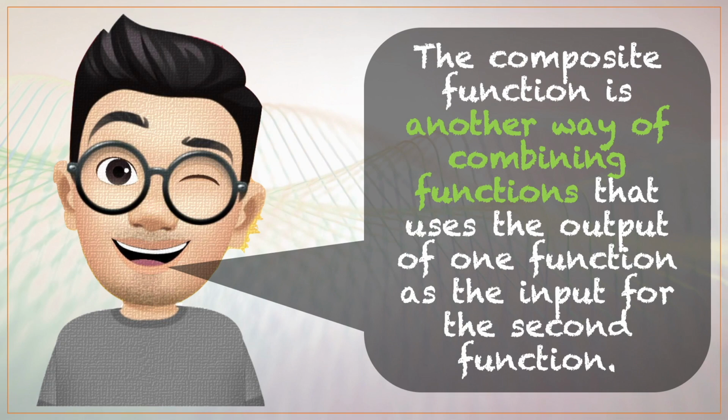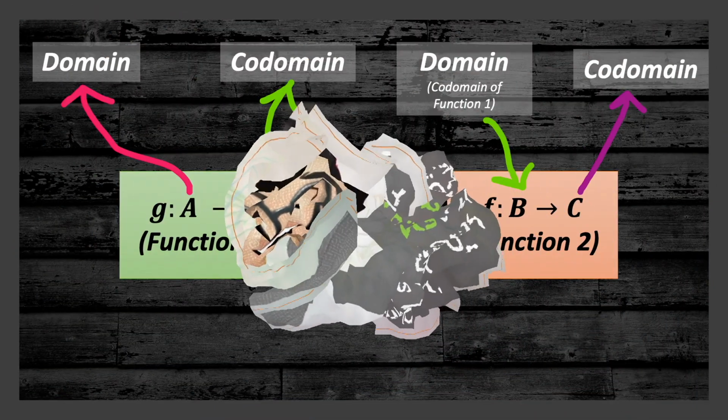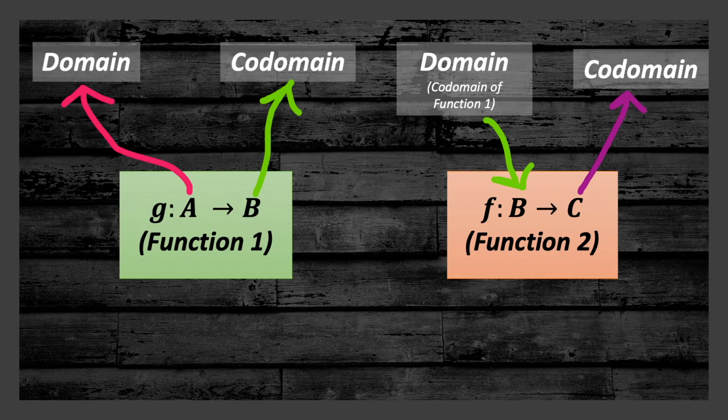As another way of combining functions, it uses the codomain or set of outputs of the first function as the set of inputs or domain for the second function. This technique is done to get the composite of two functions.